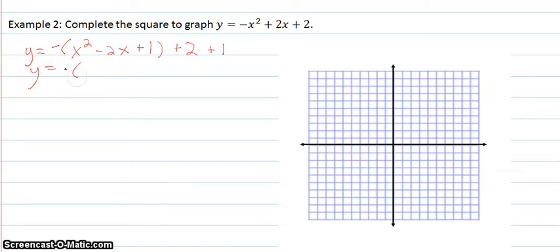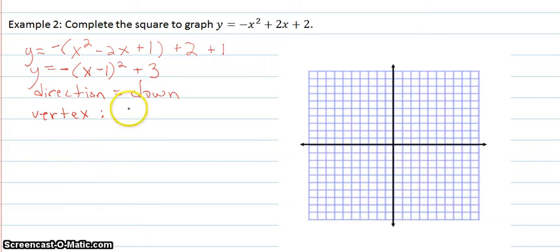So I can write this, keeping the negative on the outside, as x minus 1 squared, then it will be plus 3. Okay, so the direction would be down because it's negative. And then my vertex would be 1, 3, because I get that from here, and here is the vertex.